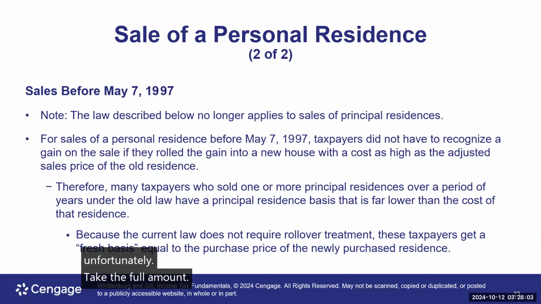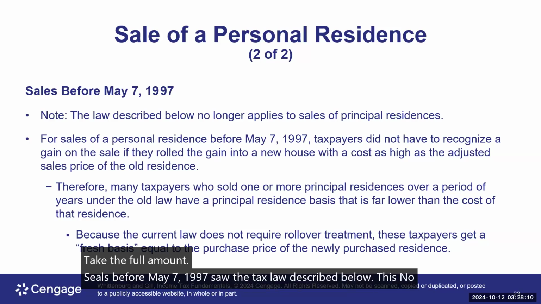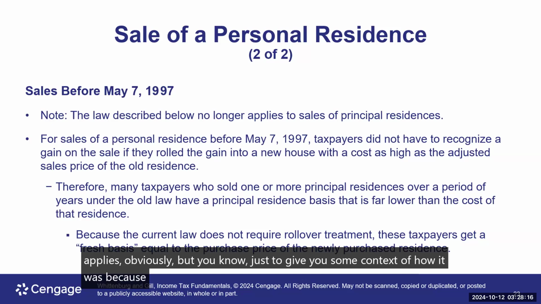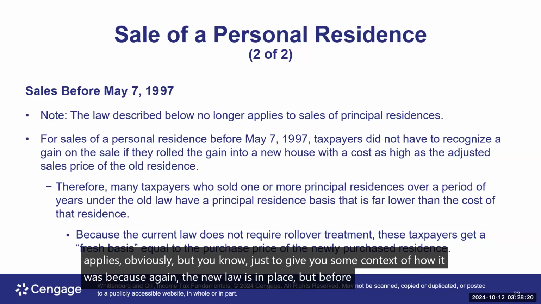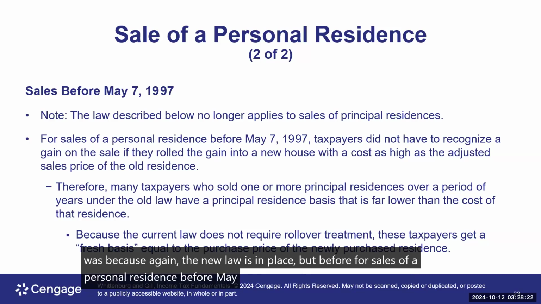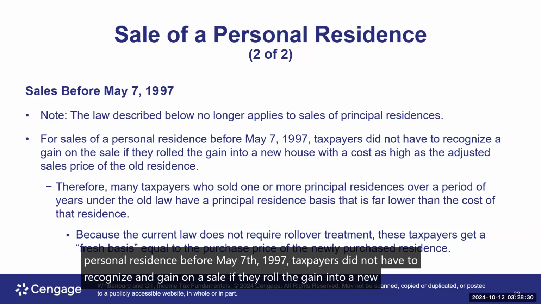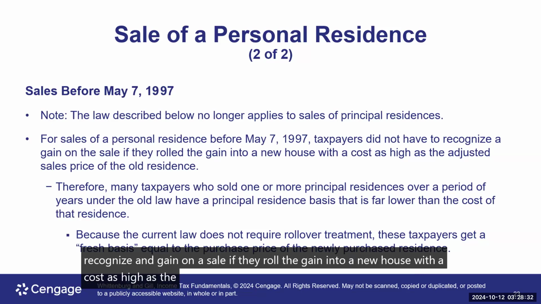Sales before May 7th, 1997. The tax law described below no longer applies, obviously, but just to give you some context of how it was, because again, the new law is in place. Before, for sales of a personal residence before May 7th, 1997, taxpayers did not have to recognize a gain on a sale if they rolled the gain into a new house with a cost as high as the adjusted sales price of the old residence.